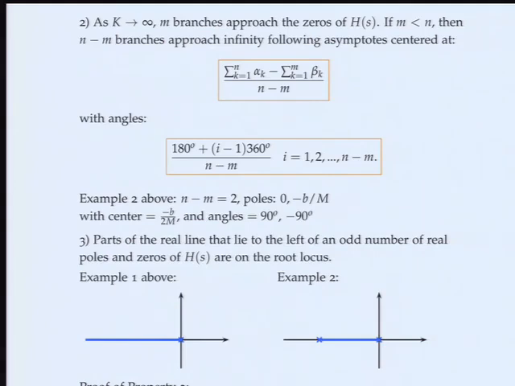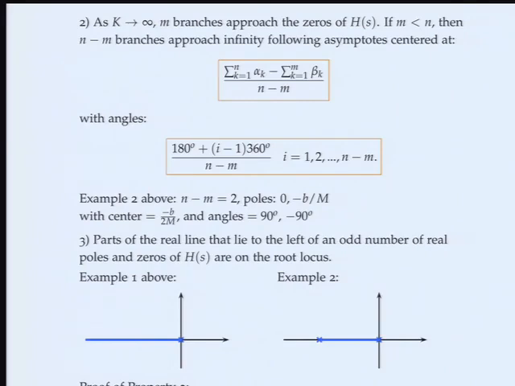If n minus m is just 1, perhaps we have one pole and no zeros, right? That was our example 1. Then the asymptote points in this negative real axis direction. Okay? If we have n minus m equal to 2, that means 2 poles more than zeros. Then, as we've seen in our example, there are two asymptotes. One is going vertically up, the other is going vertically down. So their angles are 90 degrees.